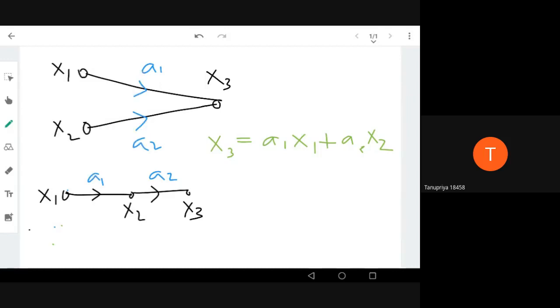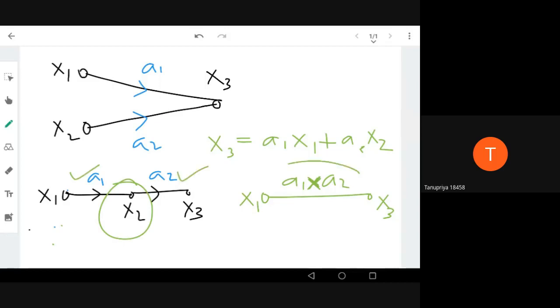I can write a node from x1, ending on x3, and the collective gain is a1 into a2. This is simplified because x2 has been eliminated. Why a multiplication? The first gain is a1, the second gain is a2, so the net gain is a1 into a2, similar to block diagram reduction. It's not much complication; it's the same as block diagram reduction, but the representation in terms of nodes and graphs is the only difference.